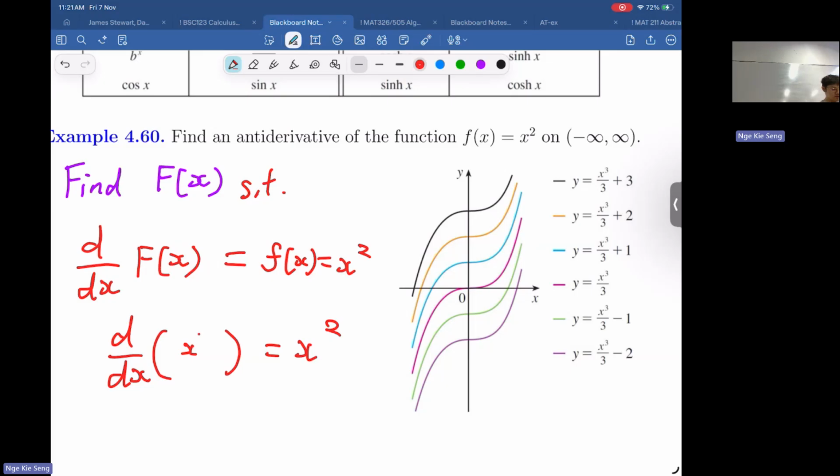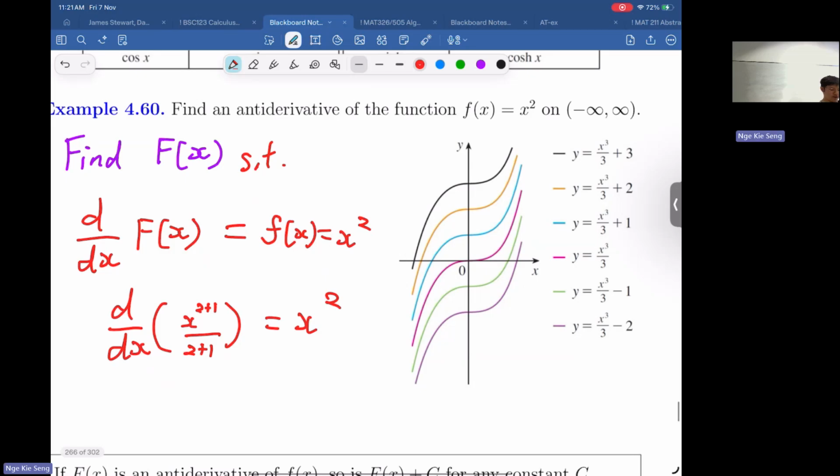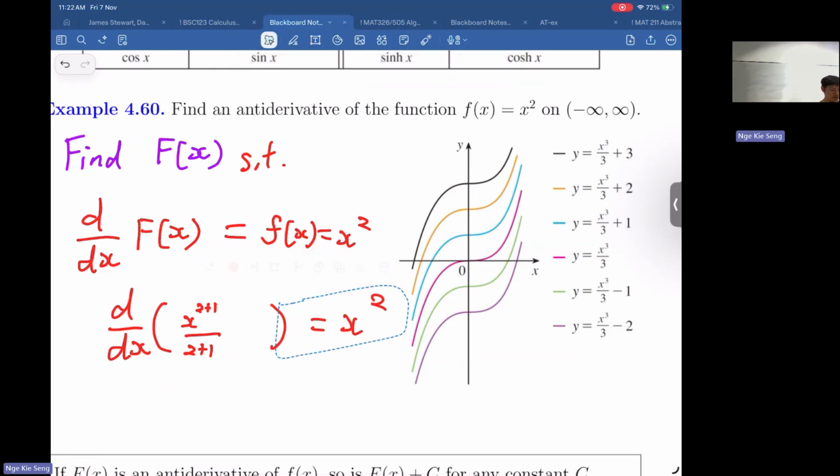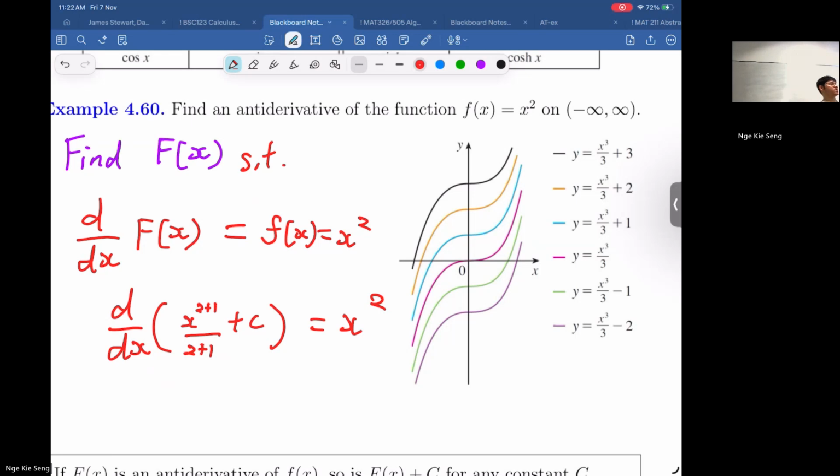So I increase first, and then later when we differentiate, we need to bring down the power, so we need to cancel it out because there's no constant multiplying x squared. So we need to divide by the new power. But then, like what we discussed just now, you can actually add any constant to this.